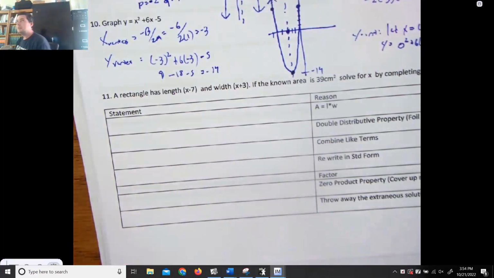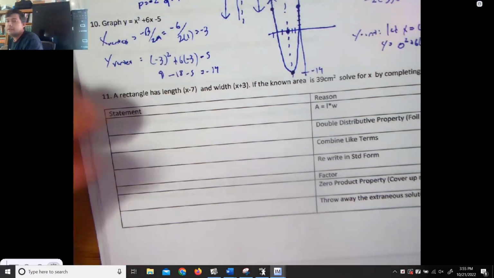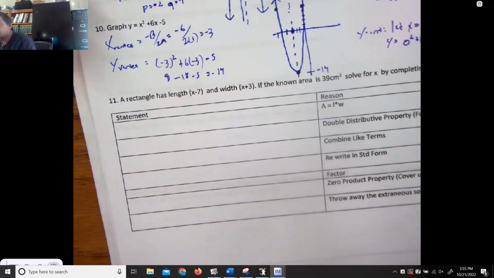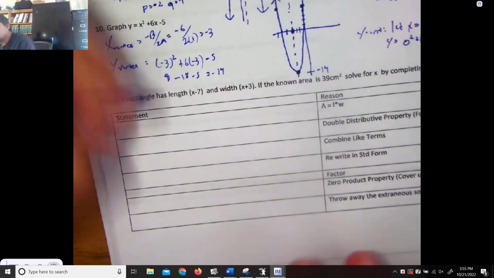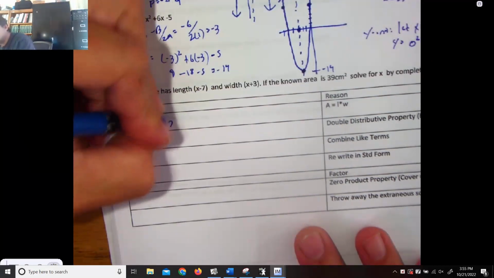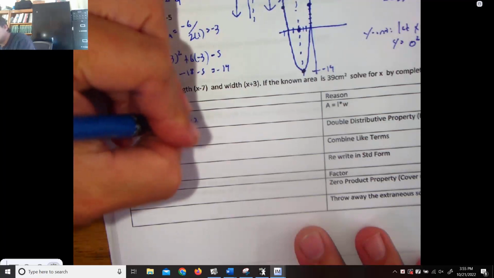And the last one that I'm going to do for a minute is going to be number 11. A rectangle has a length x minus 7, width x plus 3. If the known area is 39 square centimeters, solve for x by completing the table. So the reason is area is length times width. So I'm actually going to write the statement 39 is x minus 7 times x plus 3.